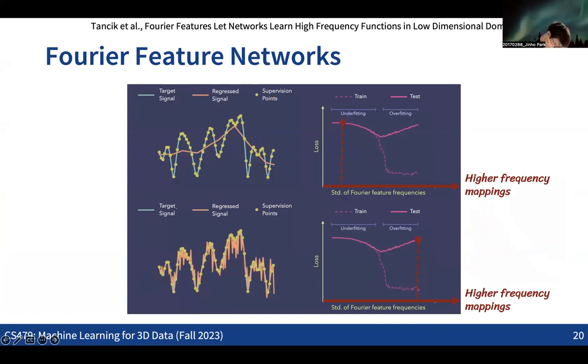So there will be a sweet spot: when you control the weights for each of the cosine and sine functions and find the best weights, we get results that are neither underfitting nor overfitting to the input data.